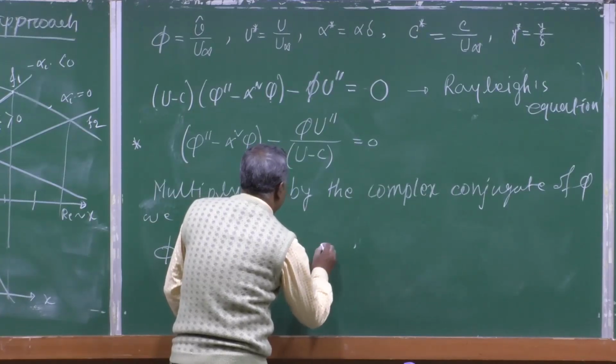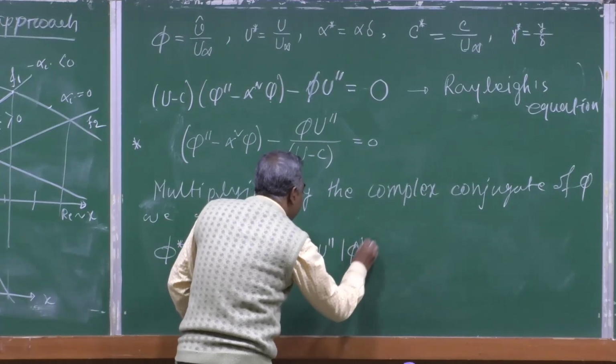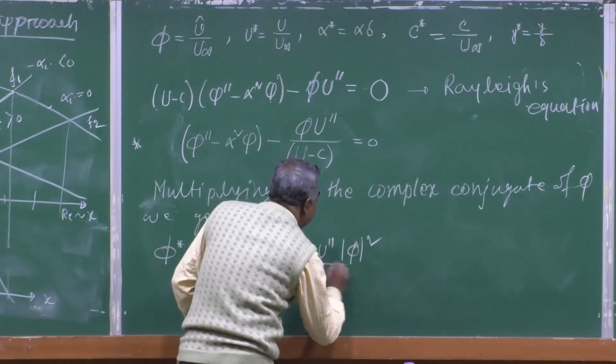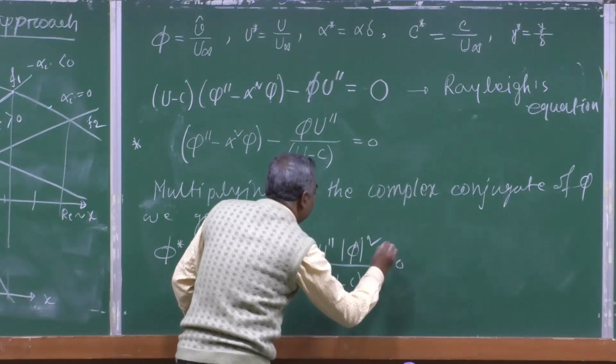So, this once again is going to be u double prime absolute value of phi squared over u minus c, equal to 0.